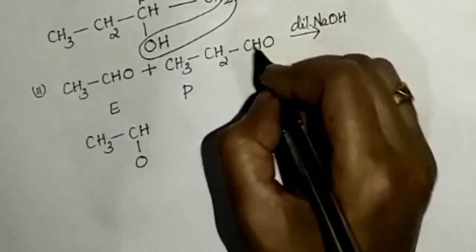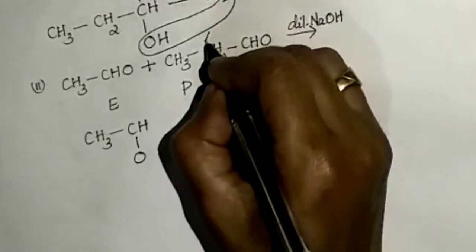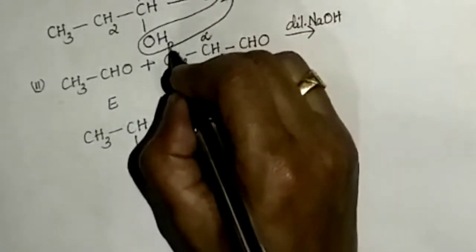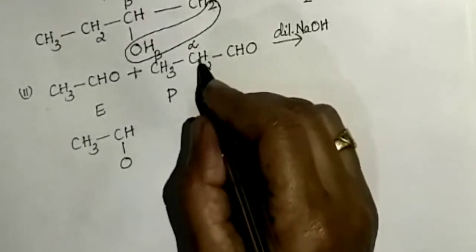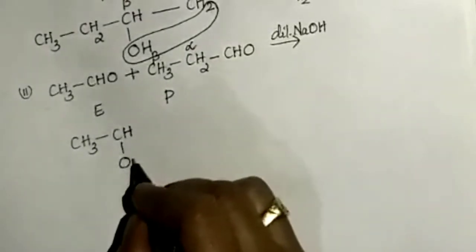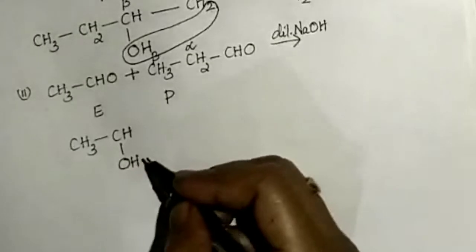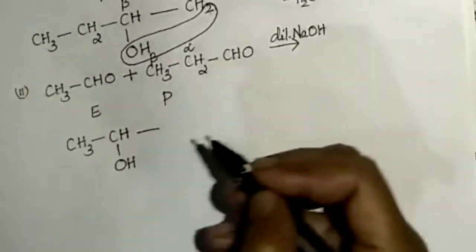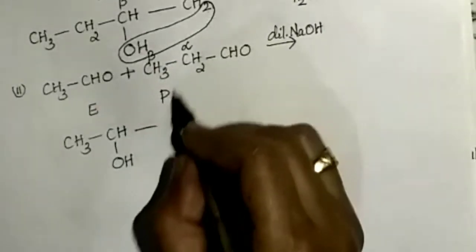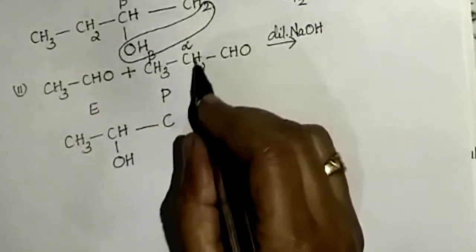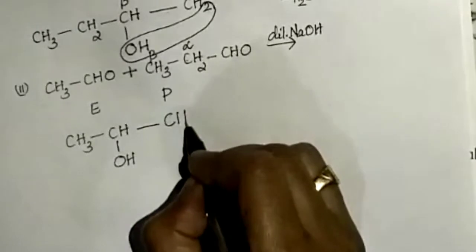In the second aldehyde, this is the aldehyde functional group. This is the alpha carbon, this is the beta carbon. From this alpha carbon, hydrogen is given to this oxygen, so it forms OH, and a bond forms between them. The remaining one hydrogen is there.